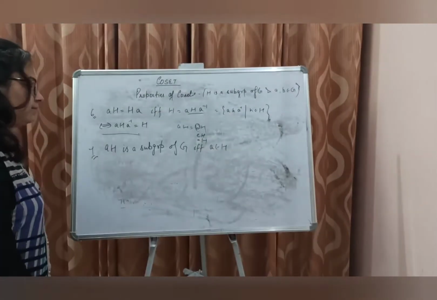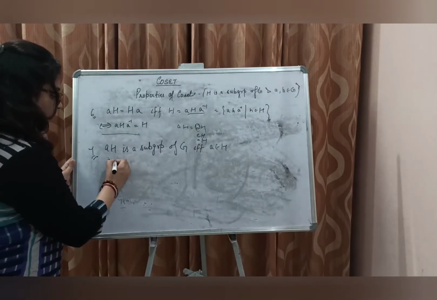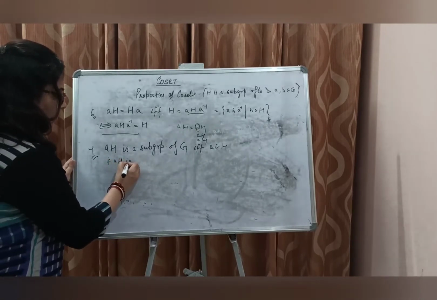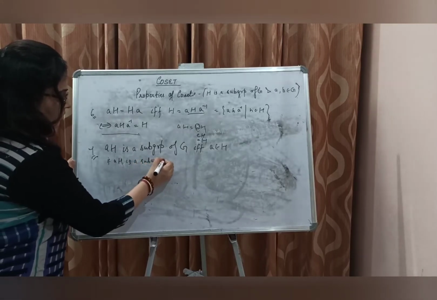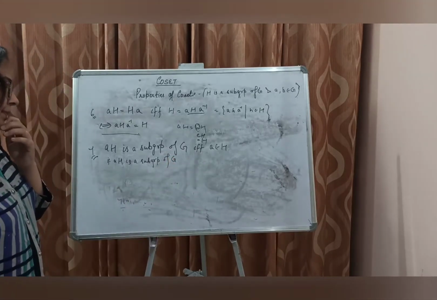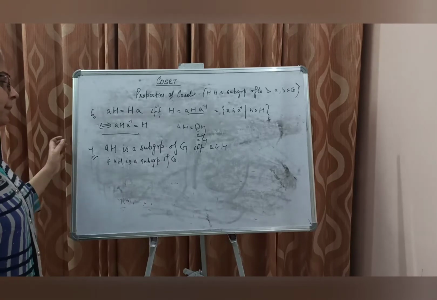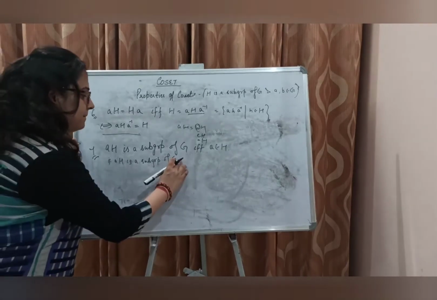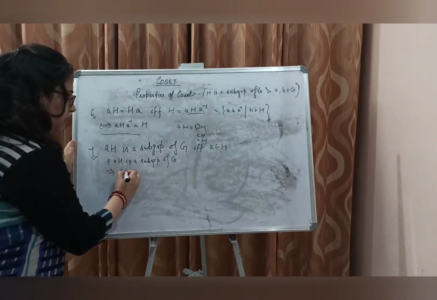So now, clearly if AH is a subgroup, this implies identity belongs to AH.